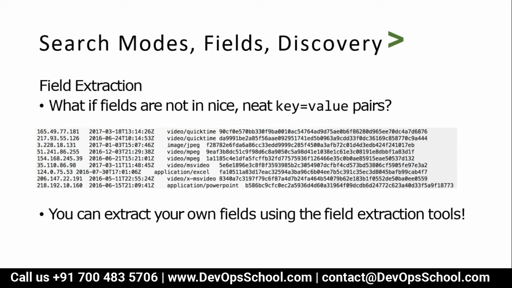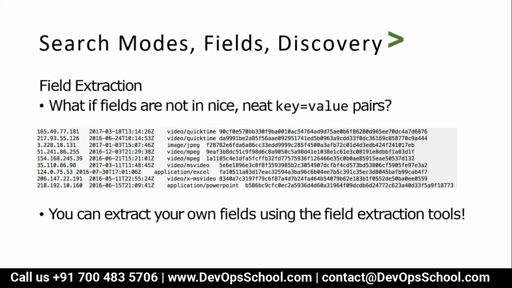Now, how does this field extraction take place? Splunk has a very strong algorithm, and based on that, any data you feed into Splunk, it will try to extract the fields depending on certain inbuilt algorithms, using a field separator, the delimiter.